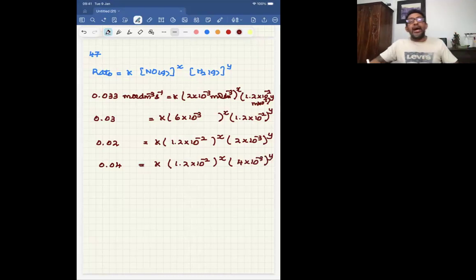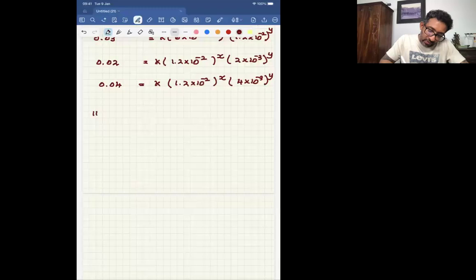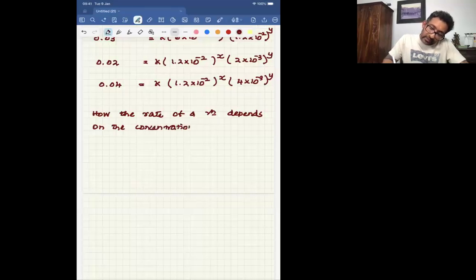What is meant by the order of the reaction? Order of the reaction is how the rate of a reaction depends on the concentration of a species in the rate law.